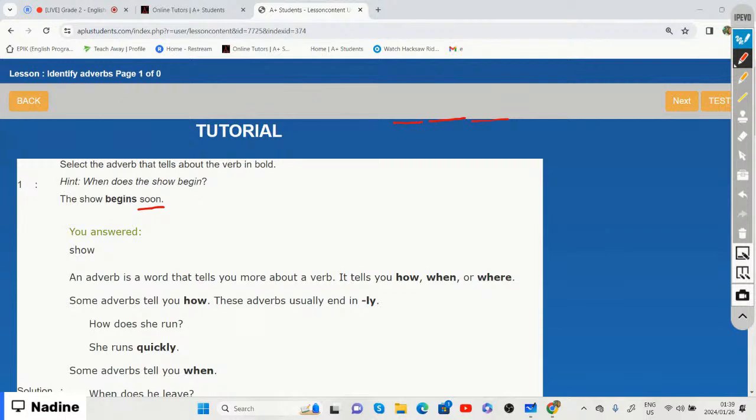It tells you when. So when does the show begin? It's going to begin soon.